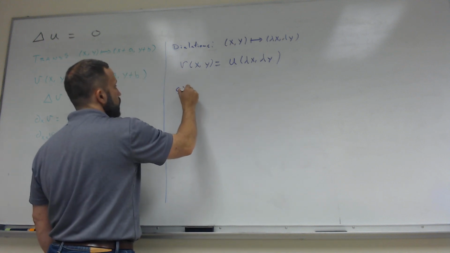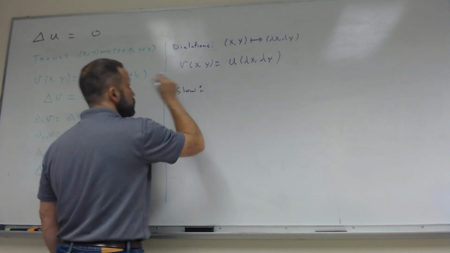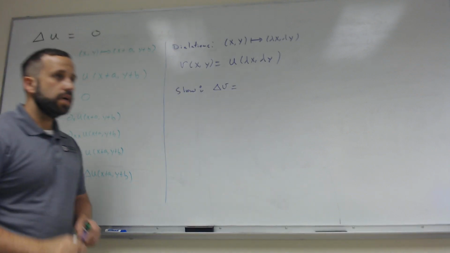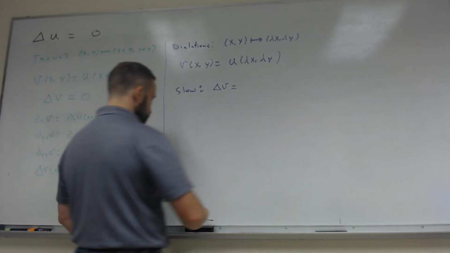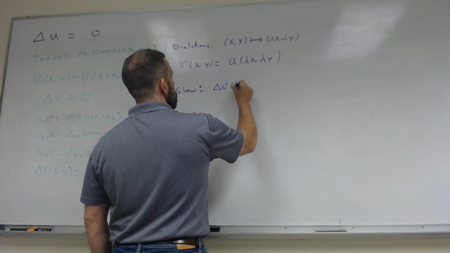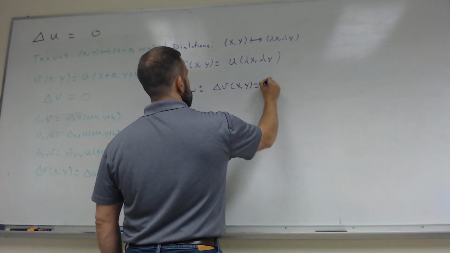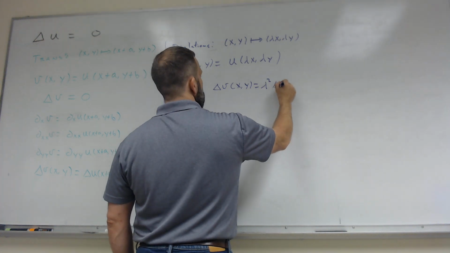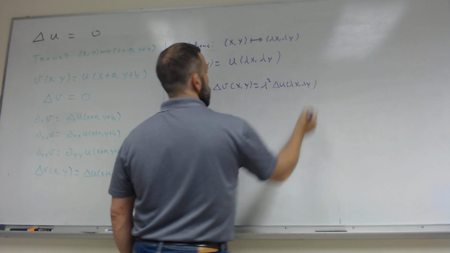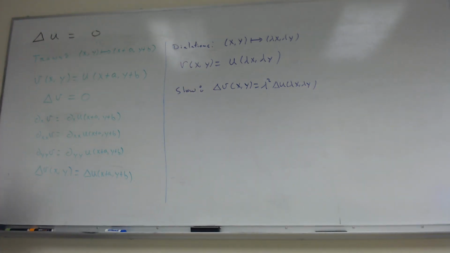And show, as an exercise, that the Laplacian of v of (x, y) is equal to lambda squared times the Laplacian of u at (lambda x, lambda y).